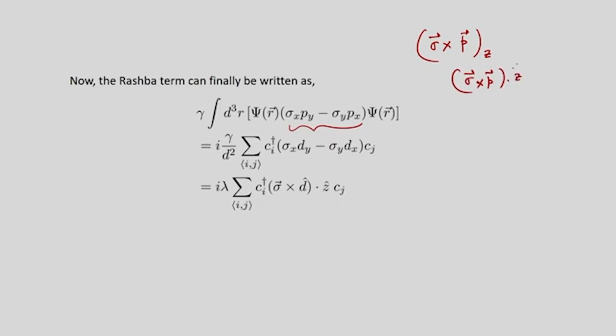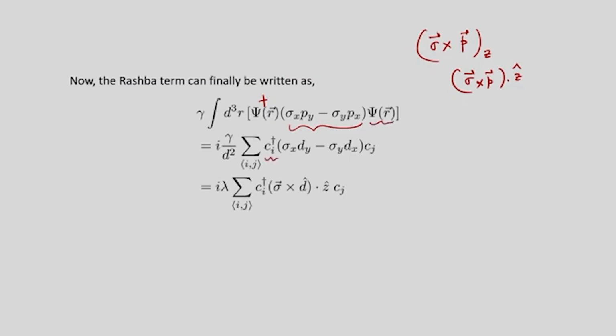And this z is nothing but, we will tell you in a moment, the direction of the electric field which arises because there is a gradient of the crystal potential. Okay.